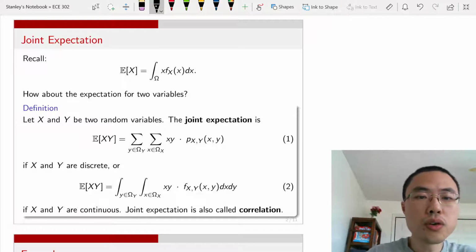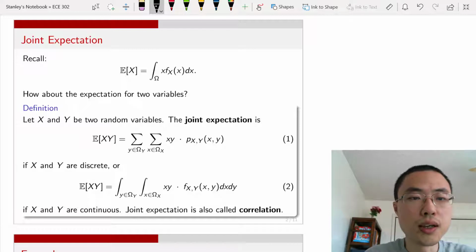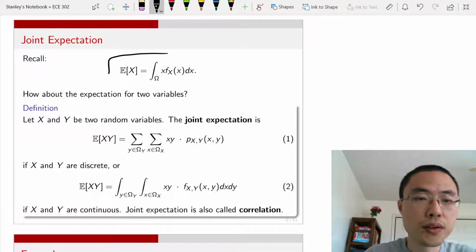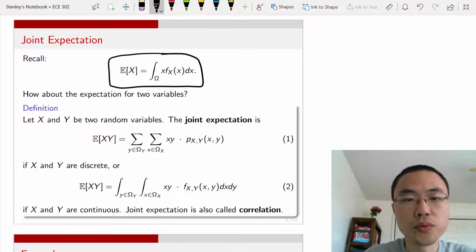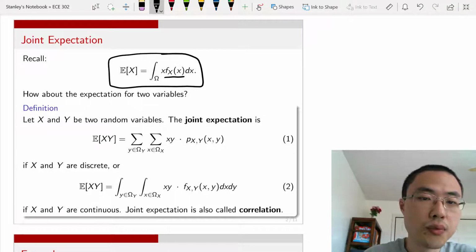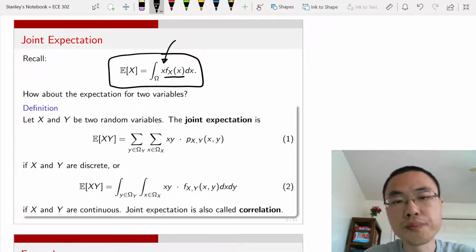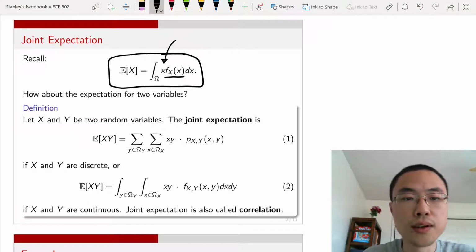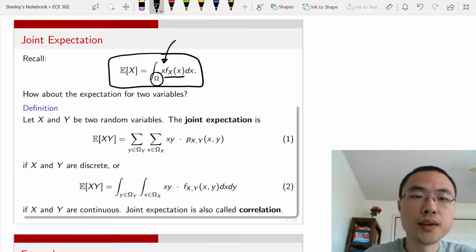If you recall the definition of an expectation, this is the definition. We have a PDF, which is given by f_X, and then we have the value x. Then we integrate this x times f_X over all the possible states for x, and we call this the expectation.